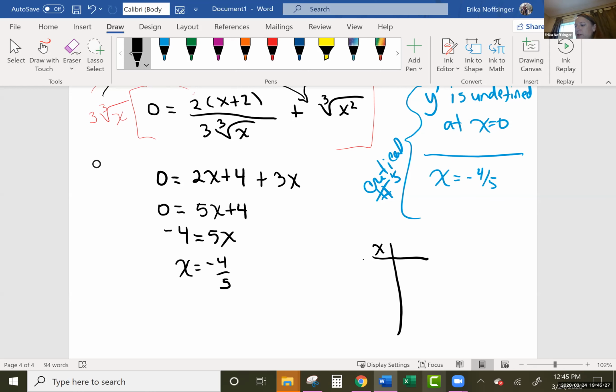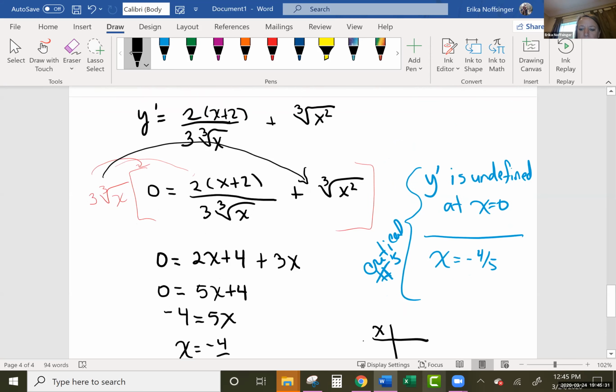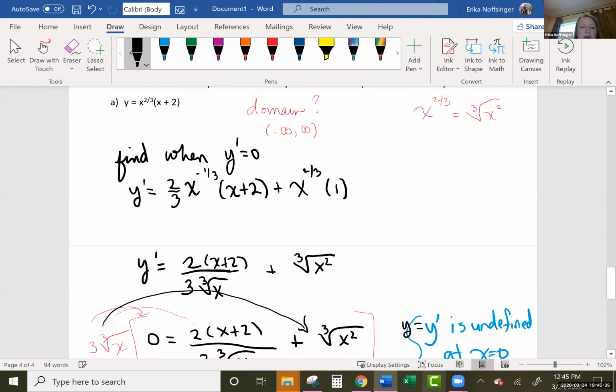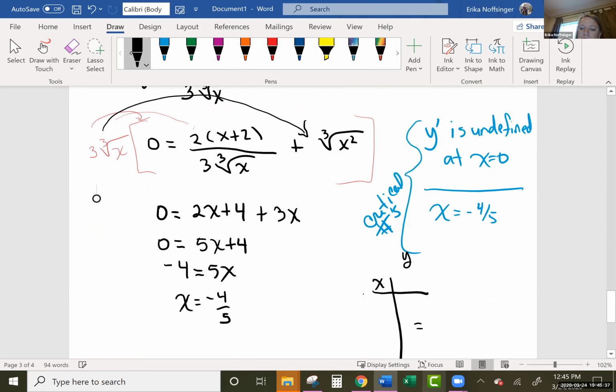Our original function was y is equal to x to the 2/3 all times x plus 2.